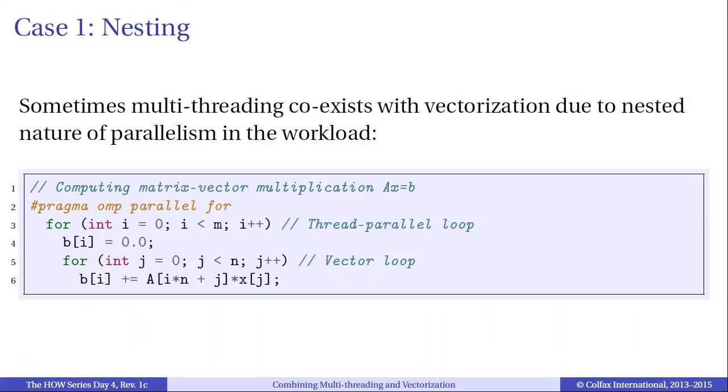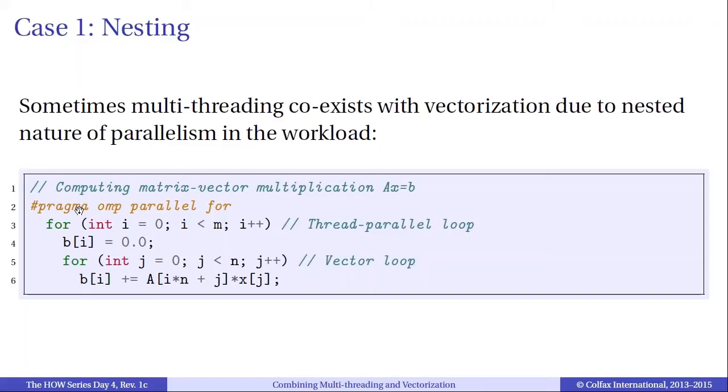So summarizing, we are discussing the second level of parallelism, multi-threading, which is designed to utilize multiple cores in the system. We're discussing multi-threading, which is the way to use multiple cores in your platform.